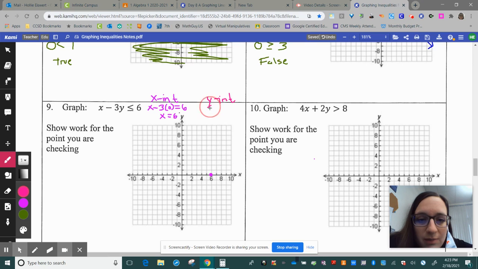And for our y-intercept, we plug in 0 for x and solve for y. Now, some of you are like, don't we plug in the 0 at the same time? Well, that's when we are checking 0, 0 as an ordered pair. This is us finding our x and y-intercept.